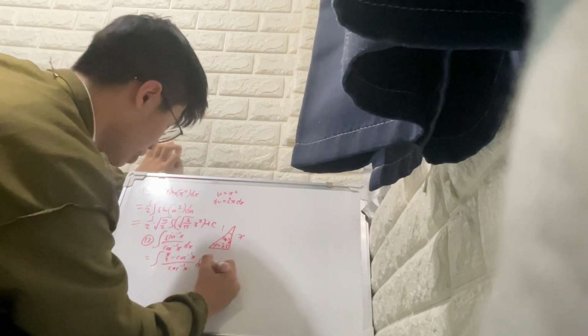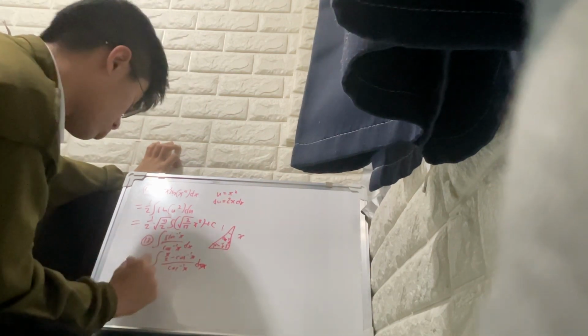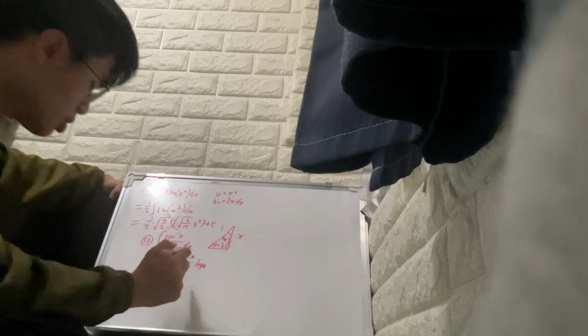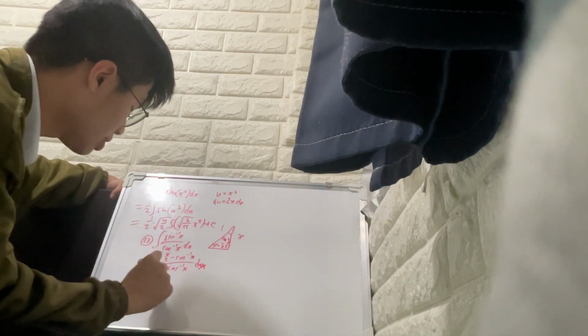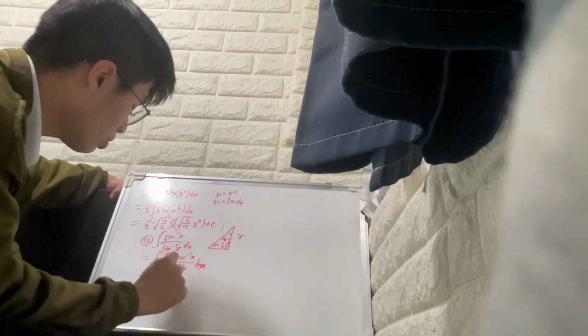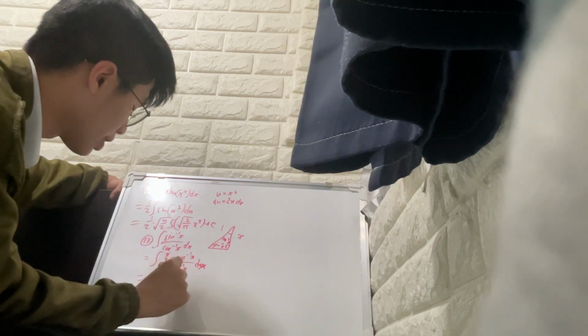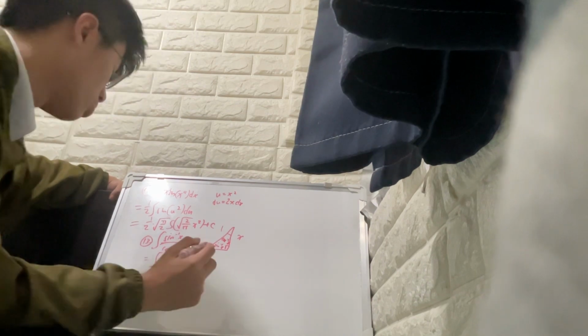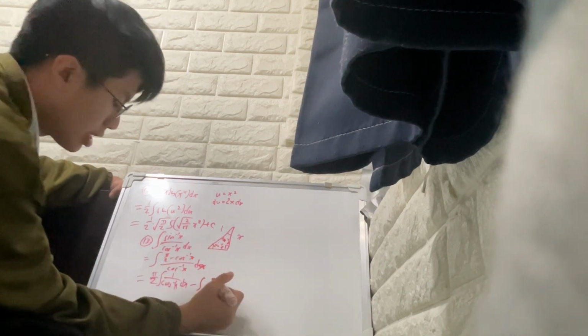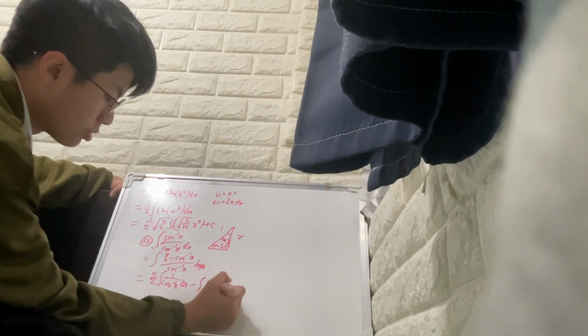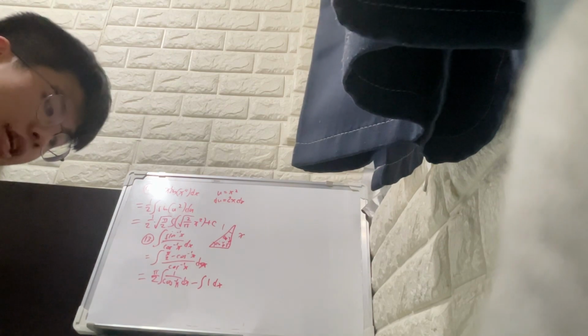It's du dx, not du. So what should we do now? Split the integral. Pi over 2 is a constant, put it outside the integral of 1 over inverse cosine x dx. Minus inverse cosine and inverse cosine, they cancel. You just get a 1 here. What's the integral of 1 over inverse cosine x?